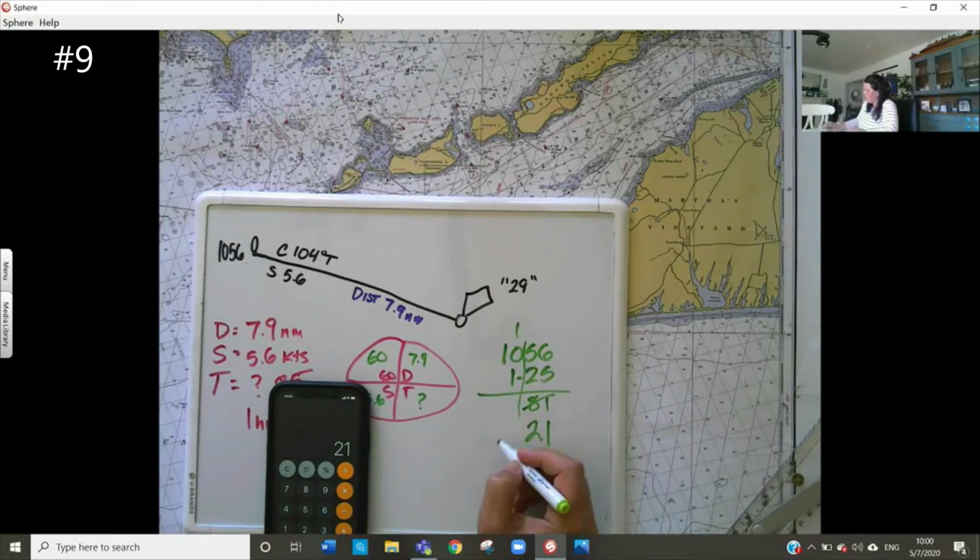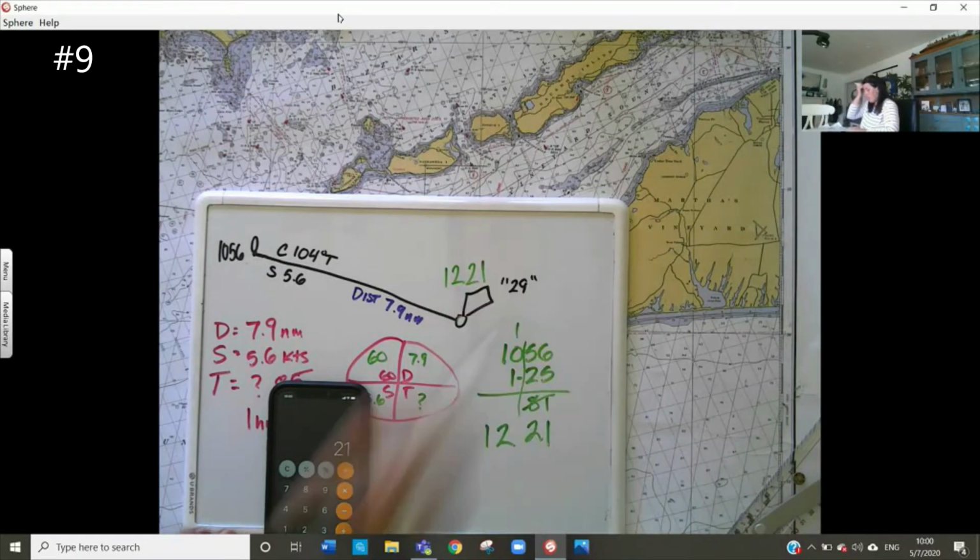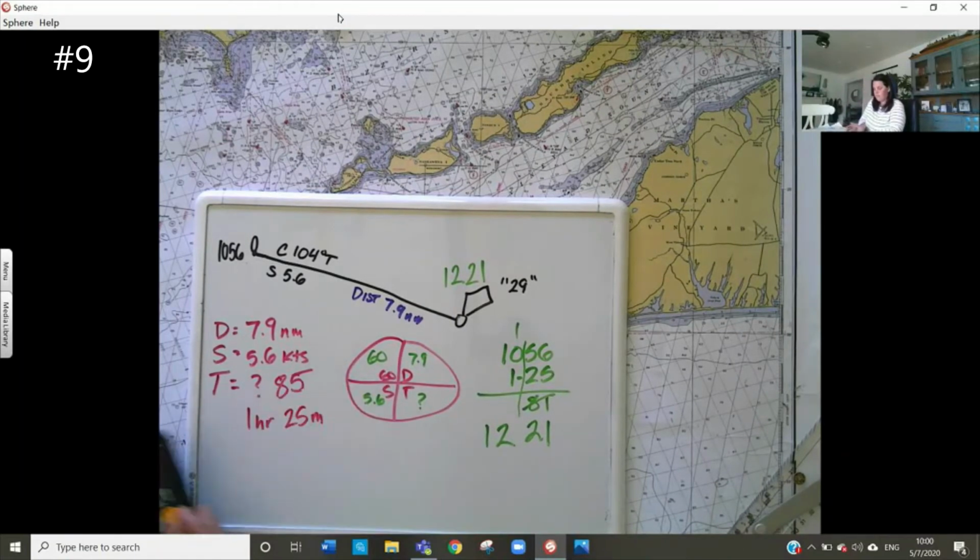So our ETA is 10 plus 1 plus 1 gives us 12. 12:21 is our estimated time to buoy 29. So that is number 9.